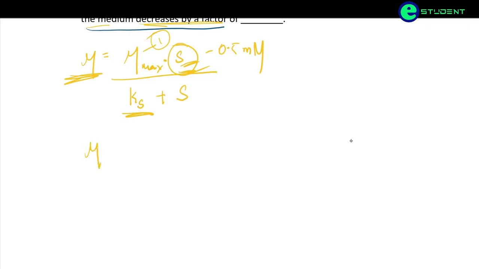So mu is equal to 1 into substrate concentration. Here it is given in millimoles, and we are going to convert it into moles. So it is 0.5 into 10 to the power minus 3 moles divided by Ks.